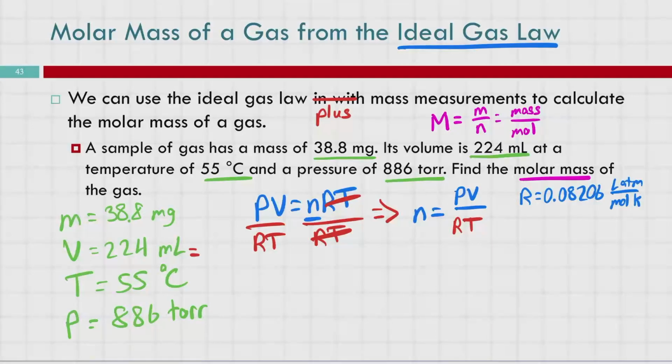For milliliters, select the correct tool. There are 1,000 milliliters in a liter. So 0.224 liters. For temperature, we add 273.15. We get 328.15.